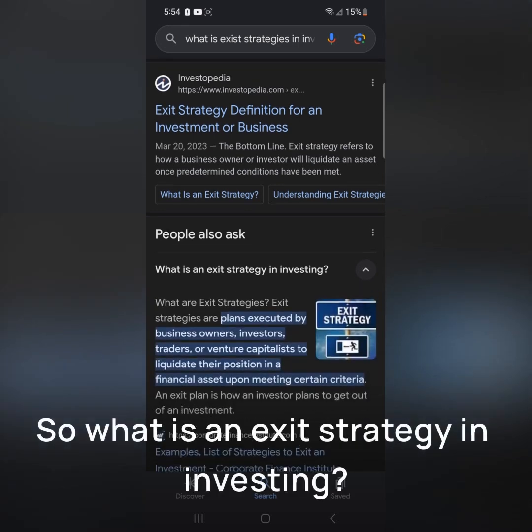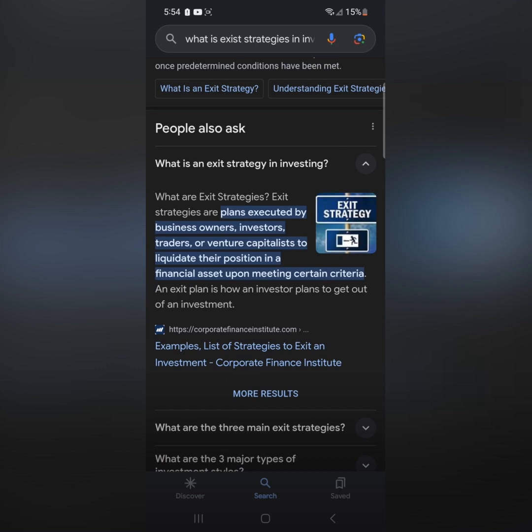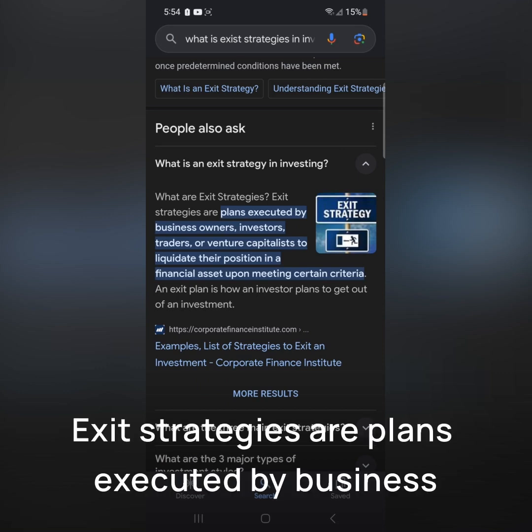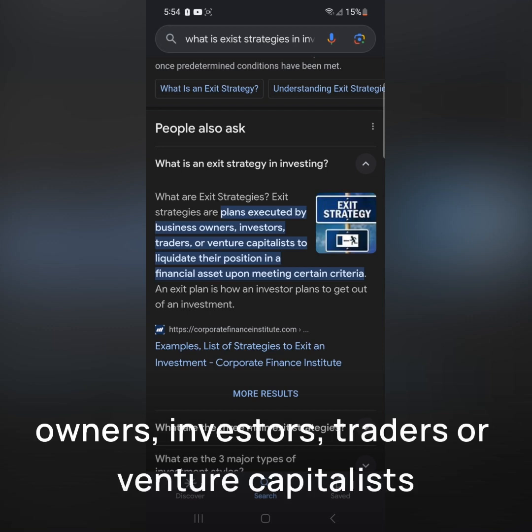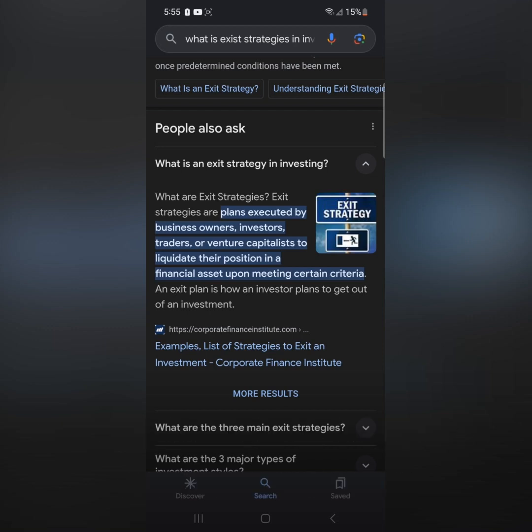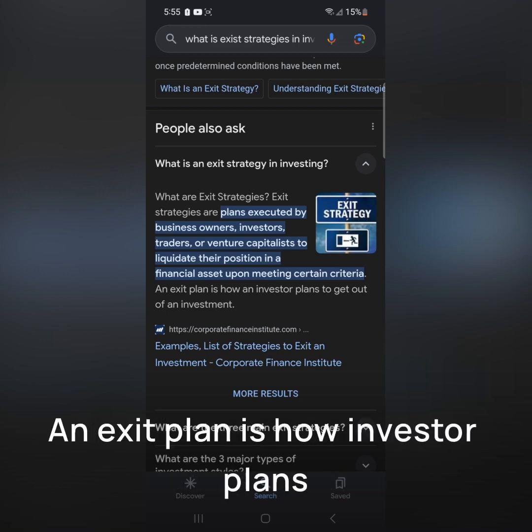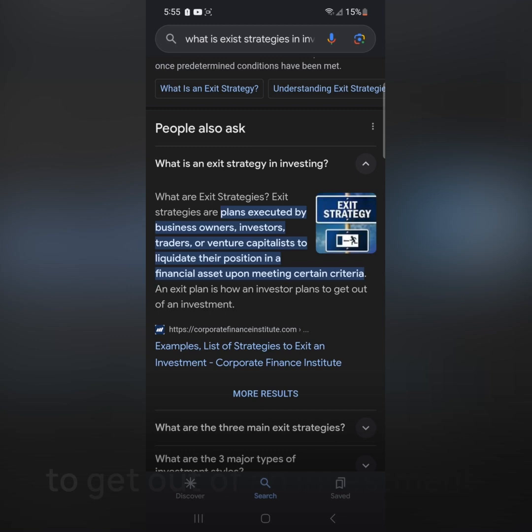So what is an exit strategy in investing? Exit strategies are plans executed by business owners, investors, traders, or venture capitalists to liquidate their position in a financial asset upon meeting certain criteria. An exit plan is how an investor plans to get out of an investment.